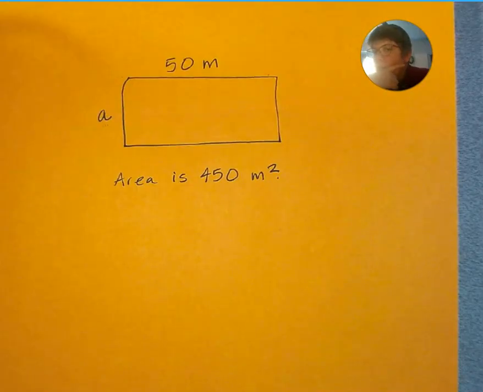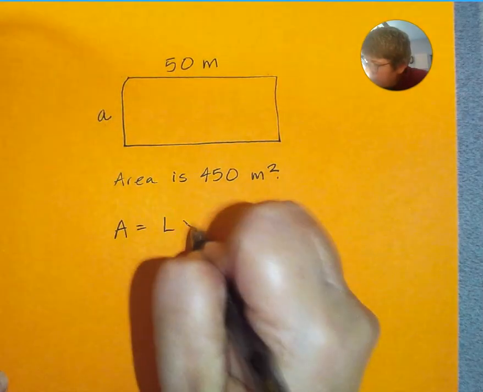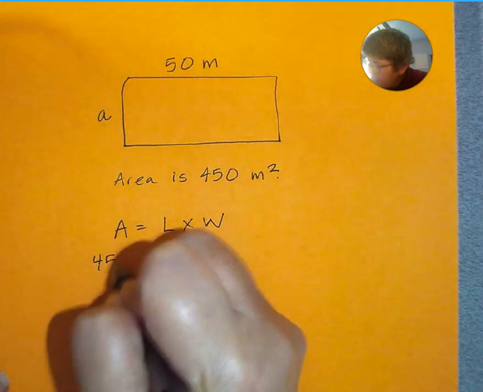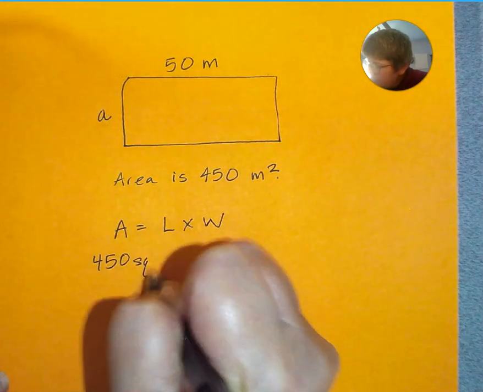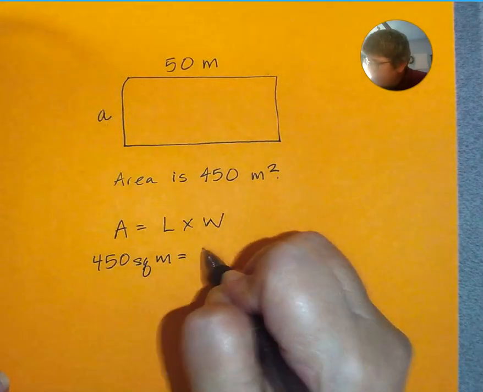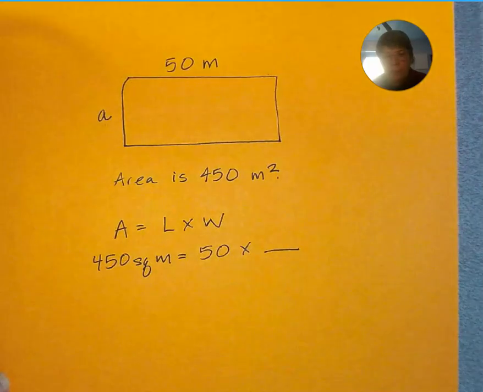What a challenge. Okay, so if my area is equal to my length times my width, and my area is 450 square meters or meters squared, however you want to write it, and my length is 50, 50 times what is 450?